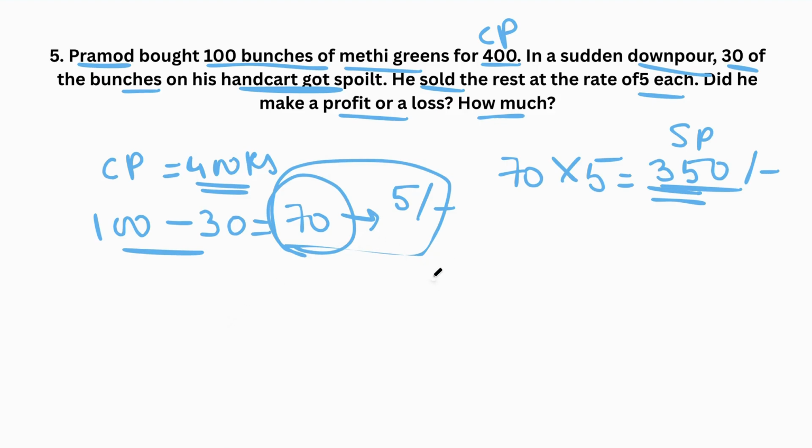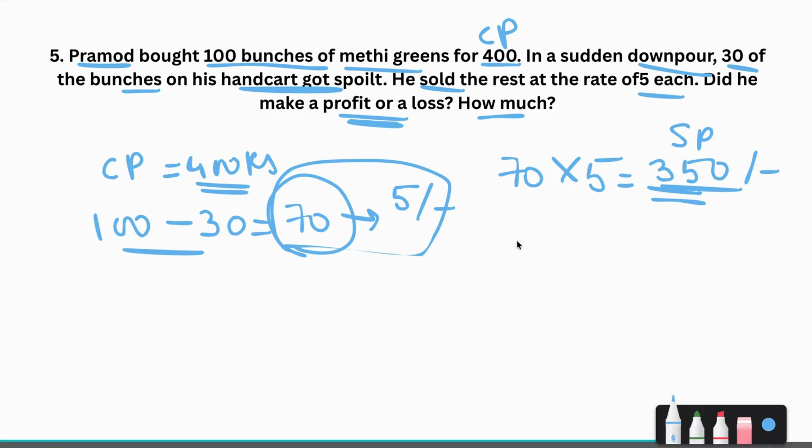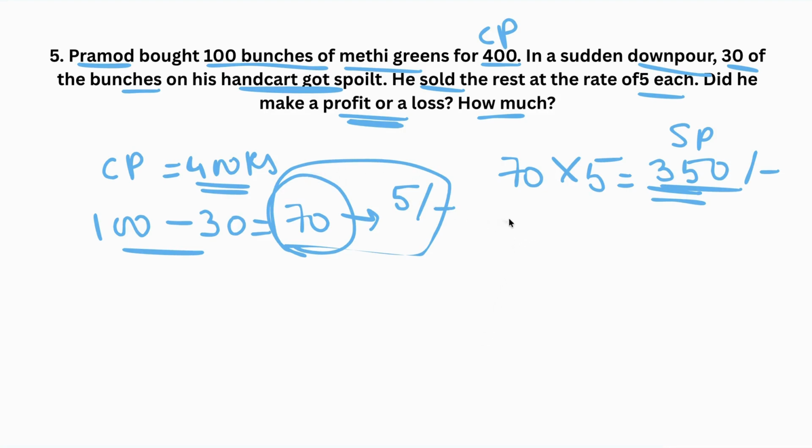Now, we have to first see which value is greater to find out whether he made a profit or a loss, right? Because they haven't given us. So let's see. Here the cost price is 400 and the selling price is 350. That means the cost price is greater than the selling price, right? So this means it was a loss.